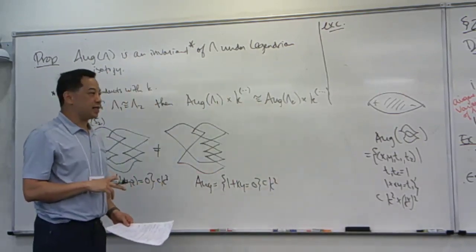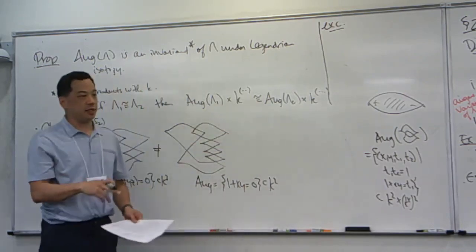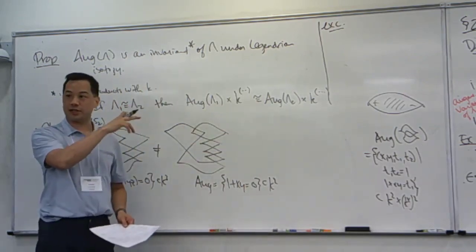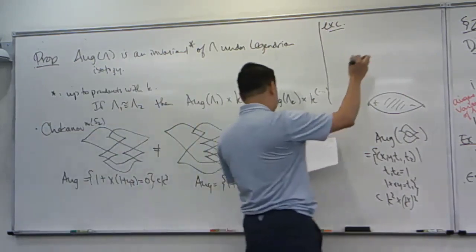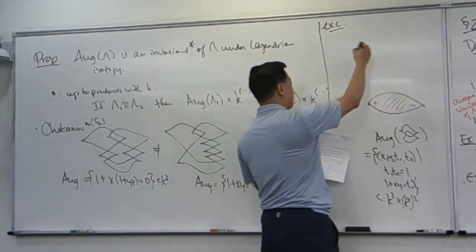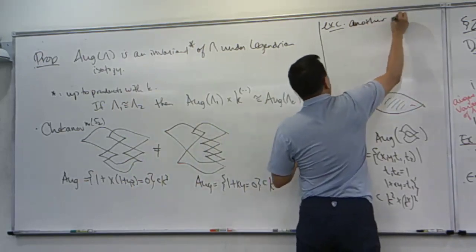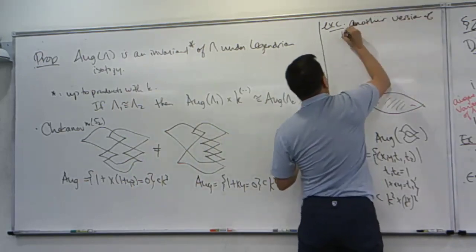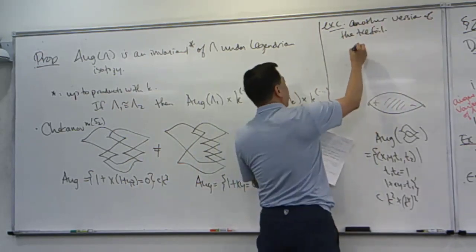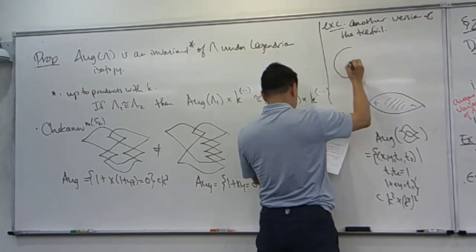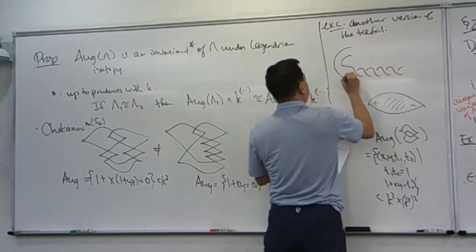And the tricky thing is that I mentioned that you're counting a bunch of immersed disks, but some of the disks over there are actually honestly immersed, they're not embedded. But here's an example of a version of the trefoil where all the disks actually are embedded. By version, I mean just a different projection of it, but it actually is the same Legendrian knot. 1, 2, 3, 4, 5.